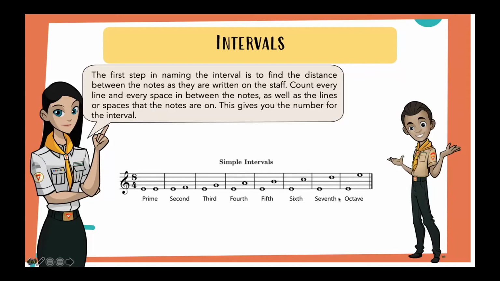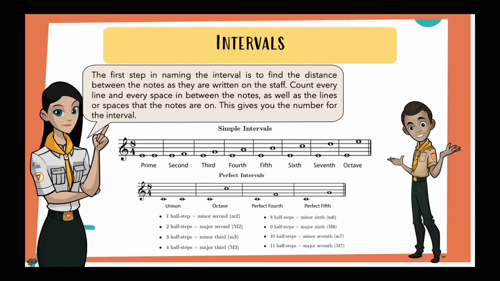We covered the octave in the beginning as well, which is the same note, but at a higher pitch, right? So here we have E, and this is also E, right? But this is low, and this is high, okay?